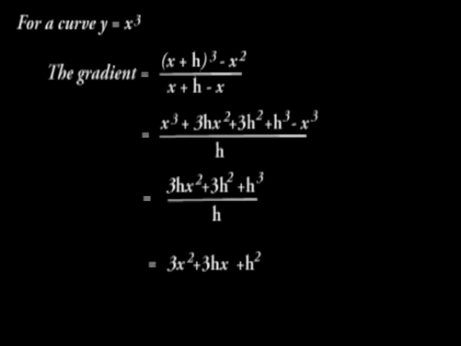But h approaches 0 as points move closer and thus can be ignored, giving the gradient function of y is equal to x cubed as 3x squared. Again, this function can be used to determine the gradient at any point on the curve.